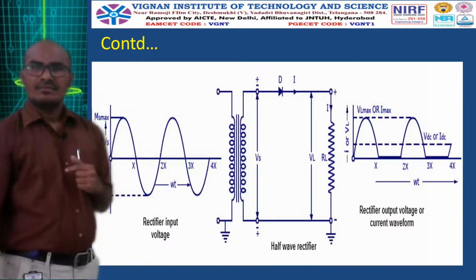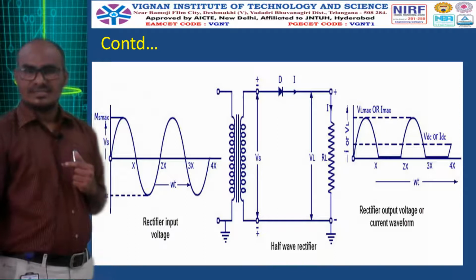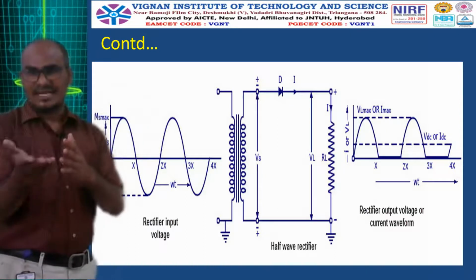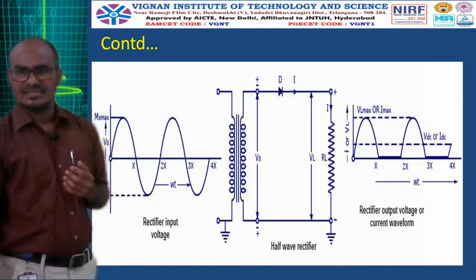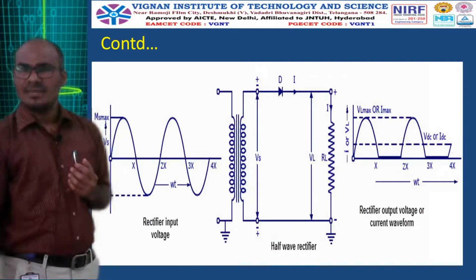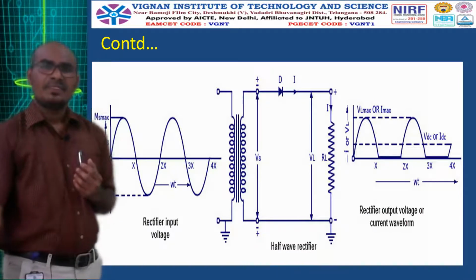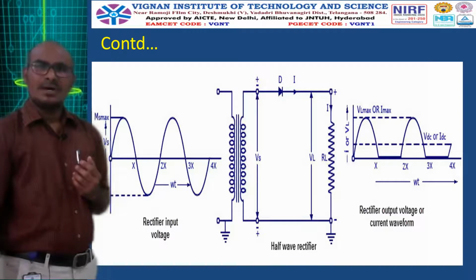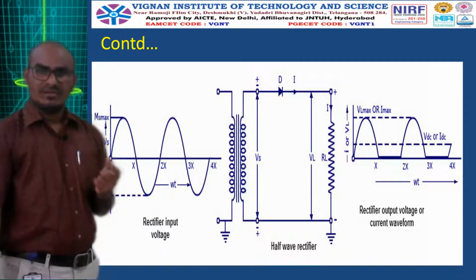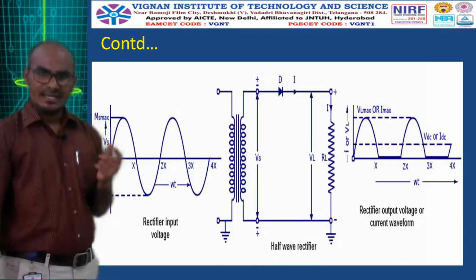Again, from 2x to 3x, the same, it is the second cycle. So from 2x to 3x, the output will be there. From 3x to 4x, there won't be any output. So is this clear? During the positive half cycle, I am repeating, the diode will be forward biased and it acts like an on switch.